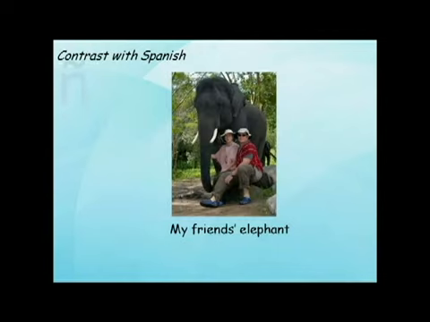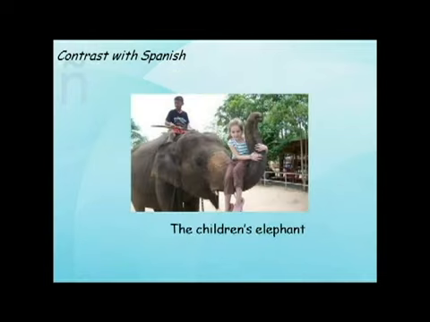When we have a regular plural, we just add apostrophe after the s and then the noun. The regular plural in this case is friends. My friends' elephant. In Spanish would be el elefante de mis amigos.